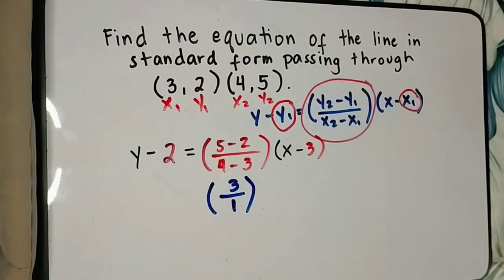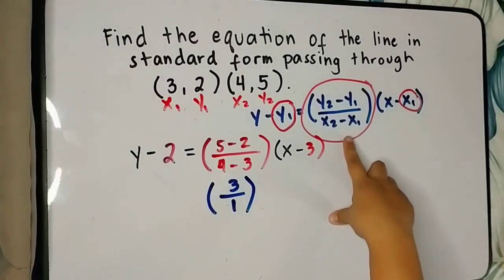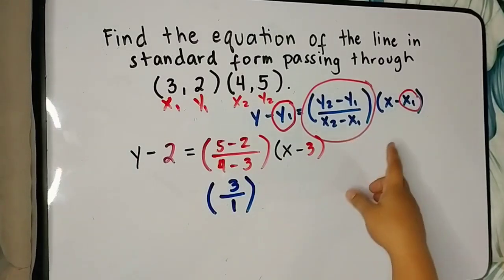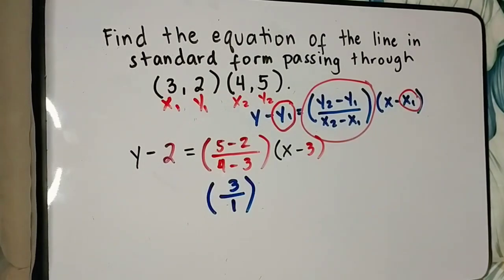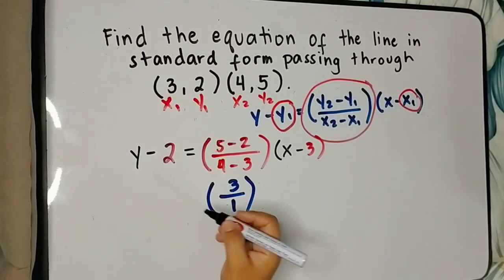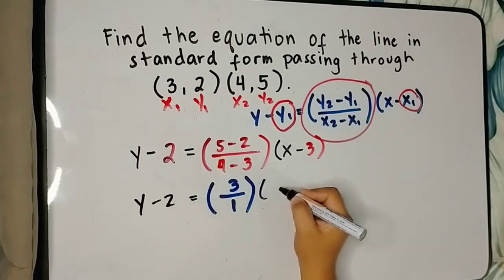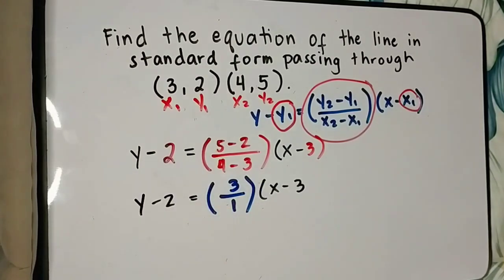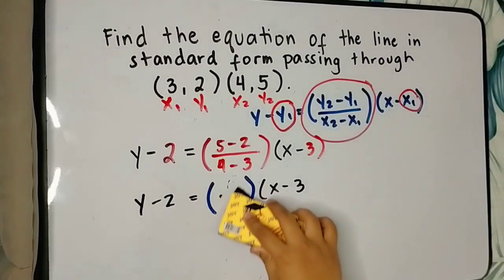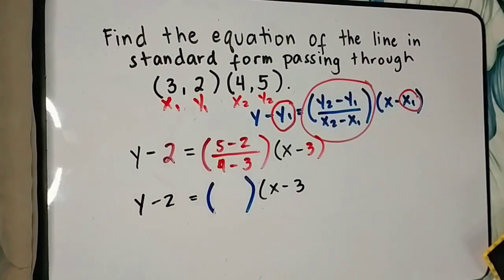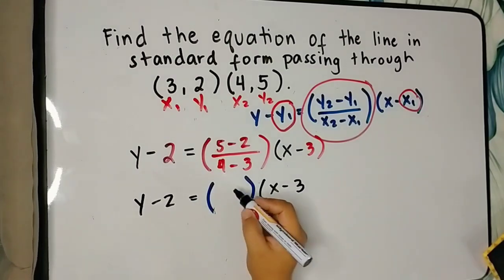Because if you can notice in point slope form, this is m, right? So first, we're going to solve for slope. Then simply copy y minus 2 and x minus 3. So since this is 3 over 1, simplify. Simplest form is simply 3.